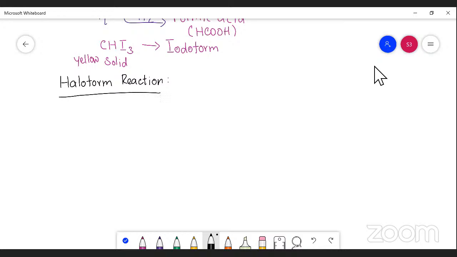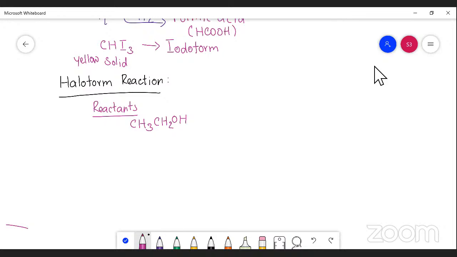For the haloform reaction, we are taking the reactants: ethyl alcohol, CH3CH2OH, and bleaching powder.